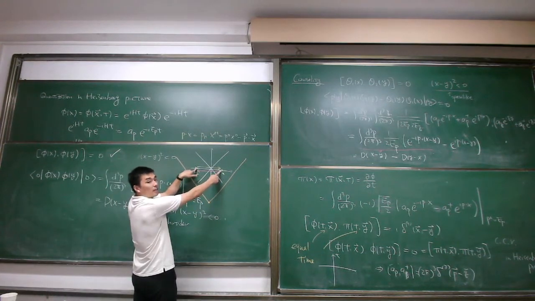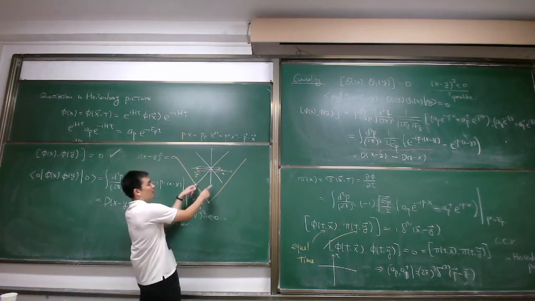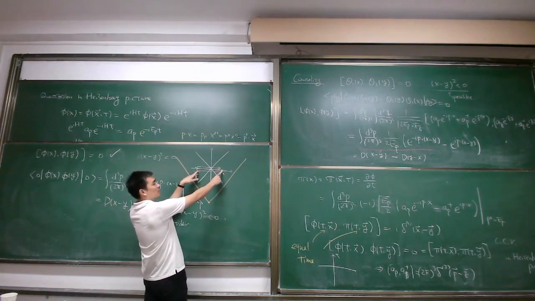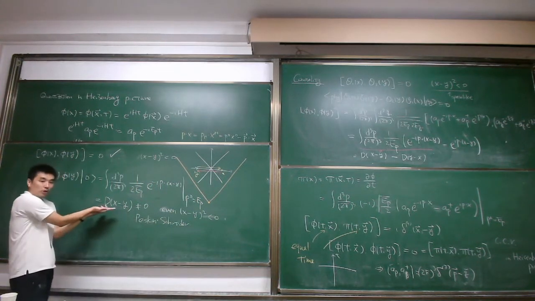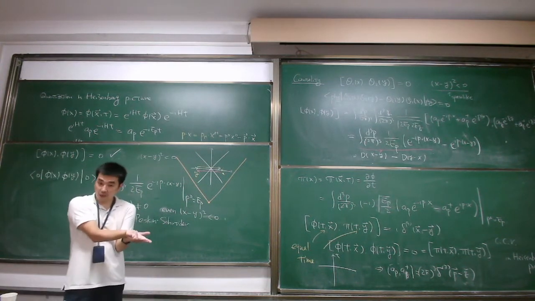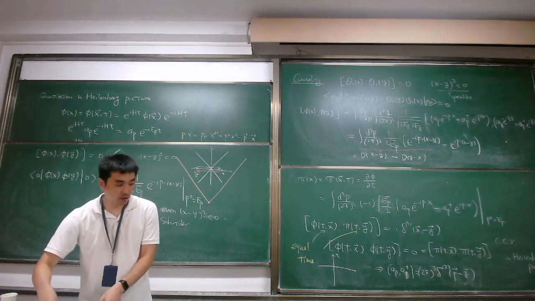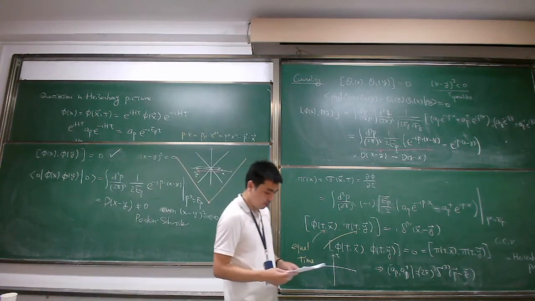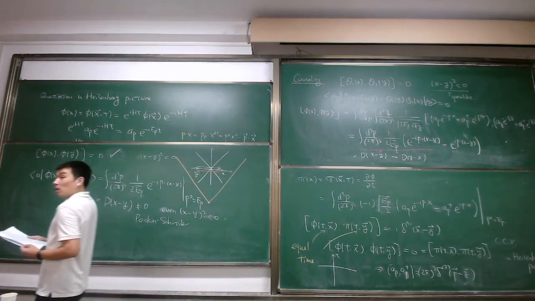So if you go back along the past path, this event has to give you some correlation between this point and this point. So it's totally fine that the two-point correlation function is non-zero even with space-like separation. That doesn't mean it violates causality. That's the key point of causality. Yes.